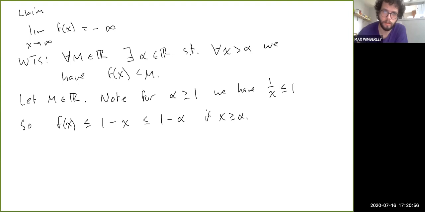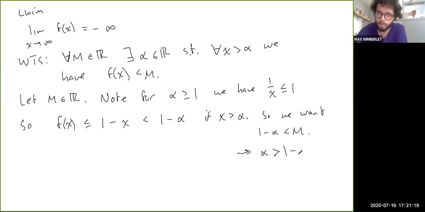Or actually, let's make these strict, right? So we want 1 minus alpha less than m, meaning alpha should be greater than 1 minus m, right?